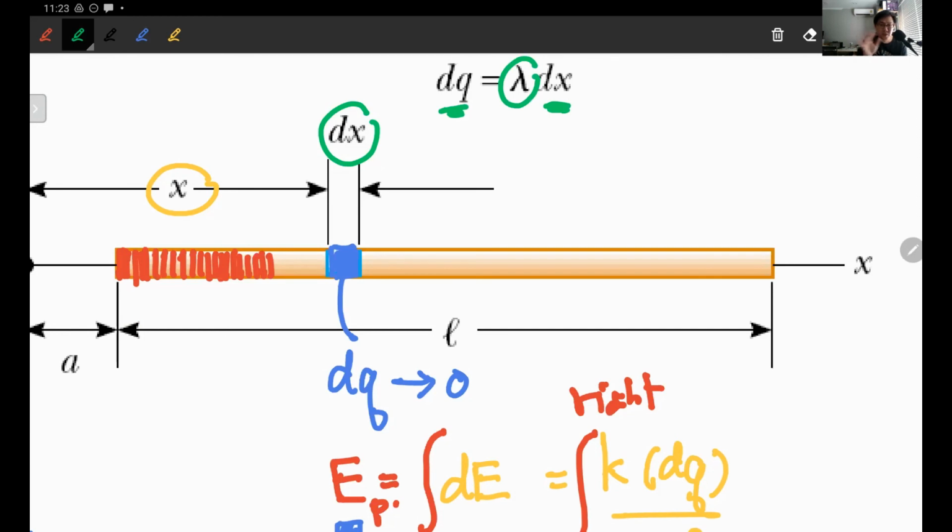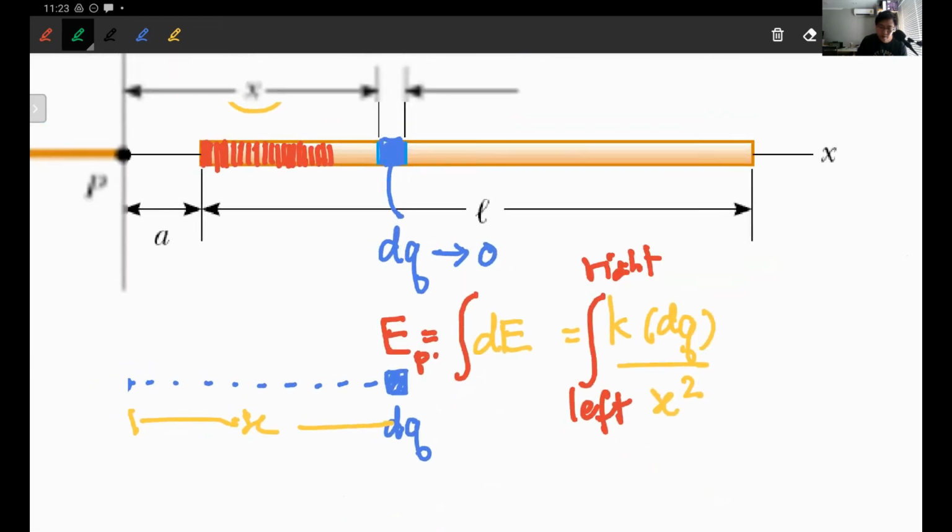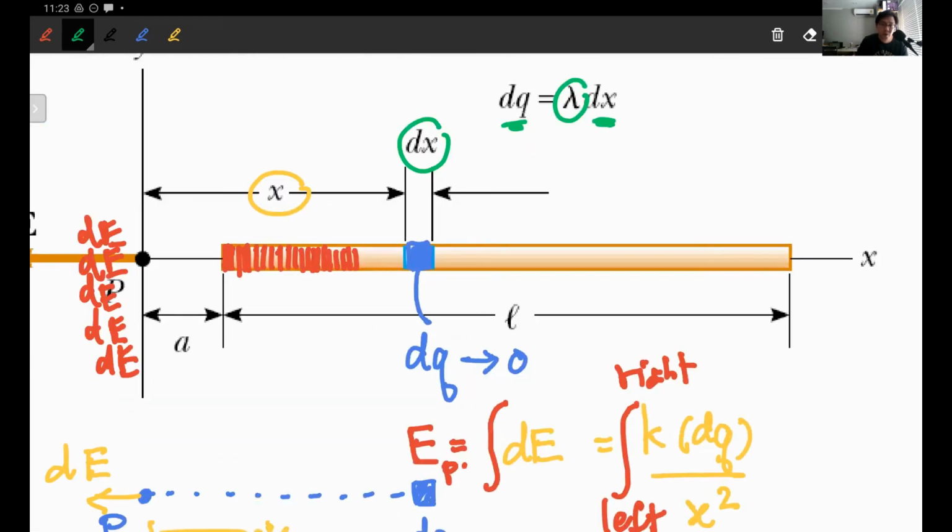But don't think too much about it, lambda is another constant. Actually, if I'm asking you how much charge is inside that width, you can tell me, this rod has charge per length to be a constant.